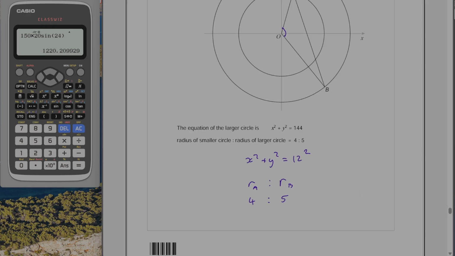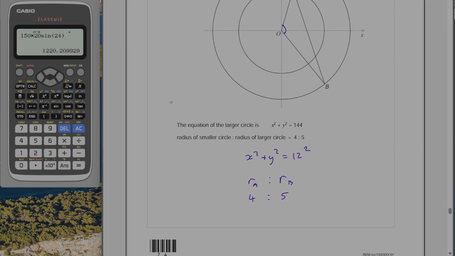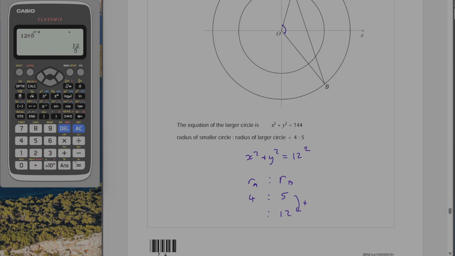But the actual radius of B is 12. That's not a very nice number. So 12 divided by 5 is going to be equal to 2.4 over 5. So the radius of B is going to be equal to 48 over 5.